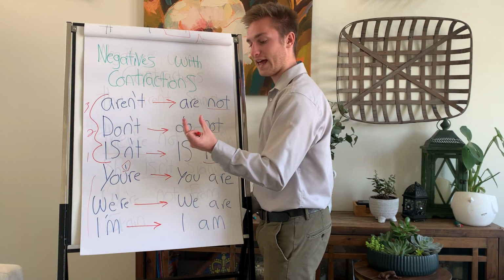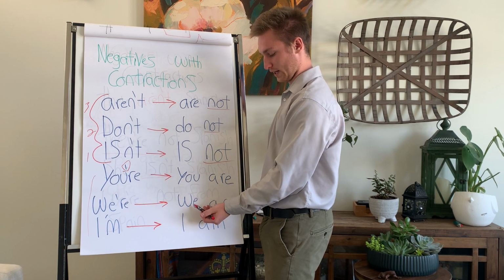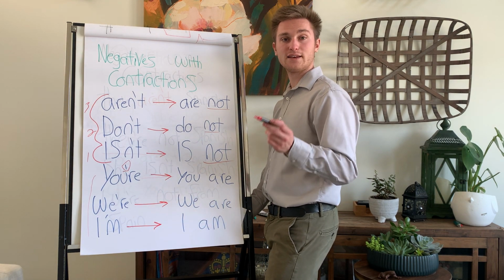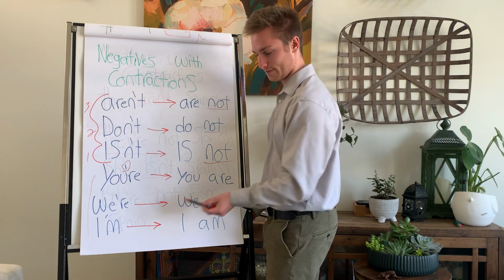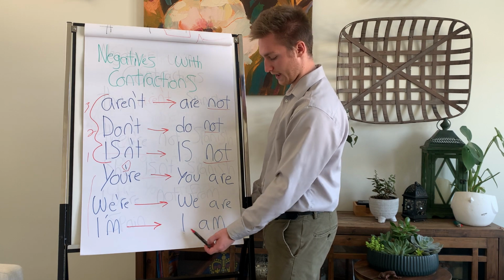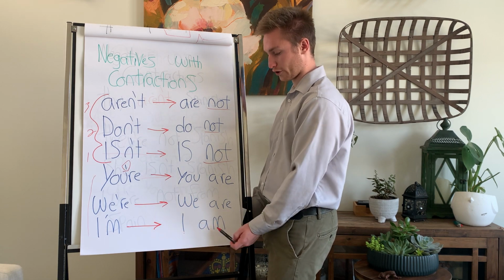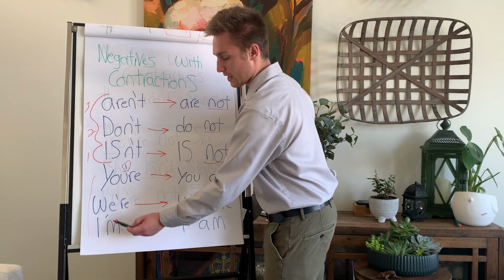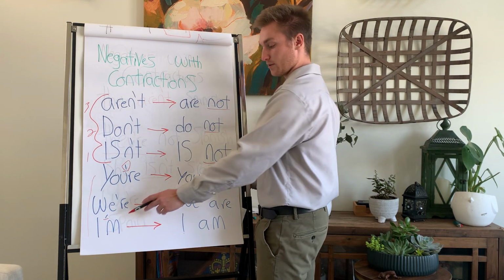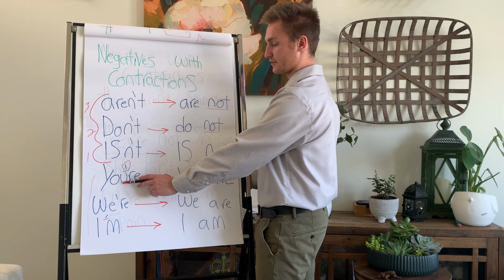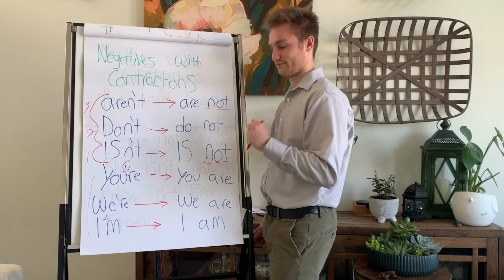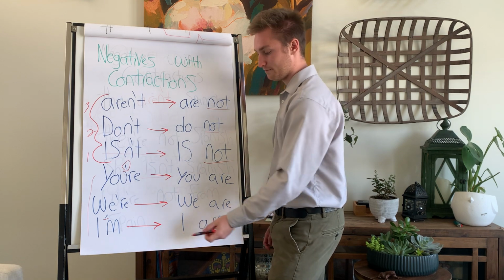We're is the condensed version of we are. And finally, one that you should know, I'm. Of course, I am is the long version of I'm. But this is just another example to relate. It is the same thing as all of the other ones. Just a contraction. I am, I'm.